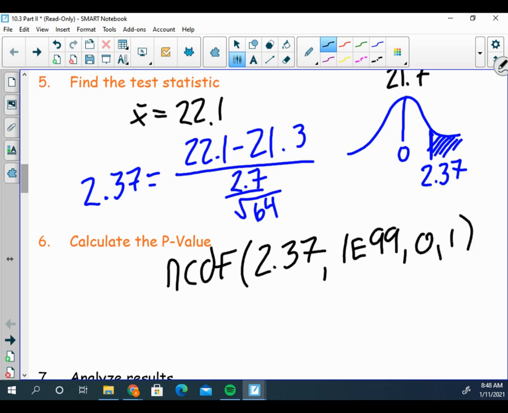And again, the mean and standard deviation of that standard normal curve is 0 and 1. And when I do this, I get 0.0089.